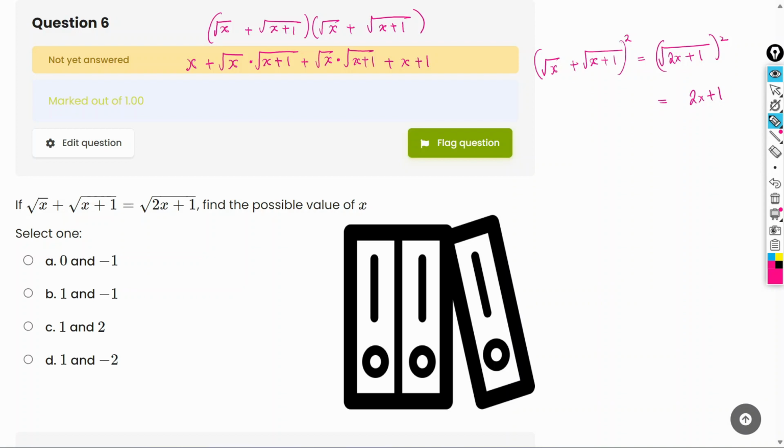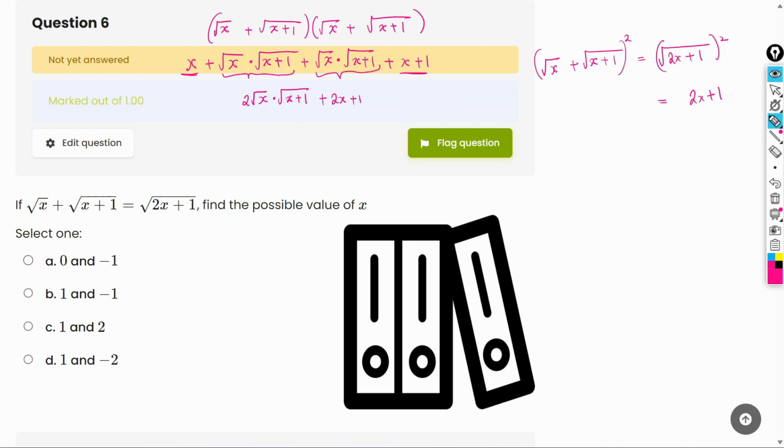Right, so let's simplify this. This here and this here will add up to be 2 root x times square root of x plus 1. And then this here and that there will add up to be 2x plus 1.